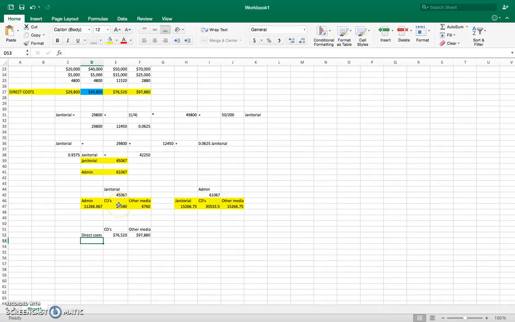Now we're going to take the allocated costs from janitorial and add them here. So janitorial gives us allocated costs of 27,040 and 6,760, and then admin gives us allocated costs of 30,534. We can round that off.